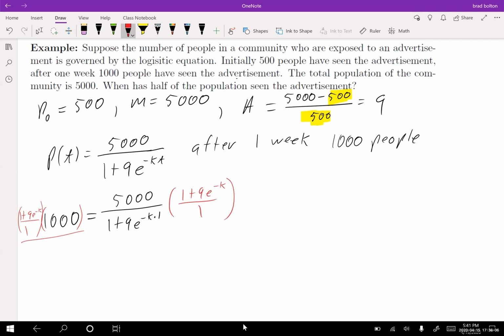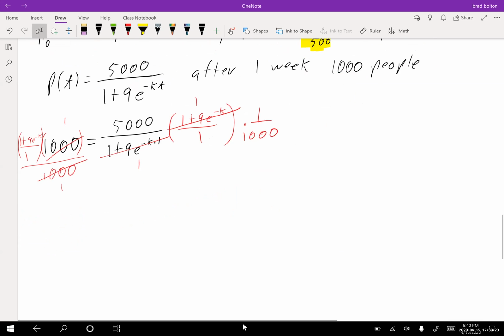And then we're going to divide by 1,000 over here. You know what? I don't like putting it there. I'll write 1 over 1,000 over here. So that means that this will cancel this. That's 1. And that means this will cancel this, and that's 1. So let's do a rewrite now. And we'll have 1 plus 9 e to the negative k is equal to 5,000 over 1,000. We get 5.